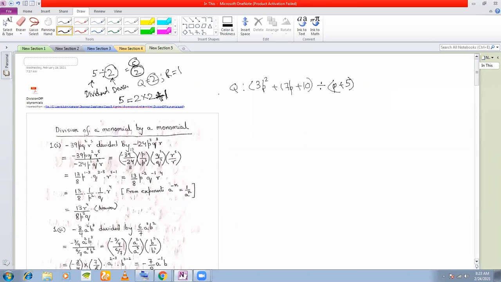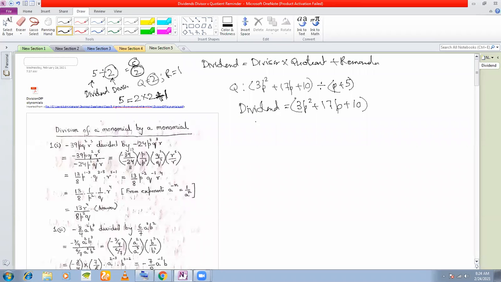So the basic thing that works here is, you must remember that dividend is equal to divisor into quotient plus remainder. So here, what is my dividend? Dividend here is 3p square plus 17p plus 10.